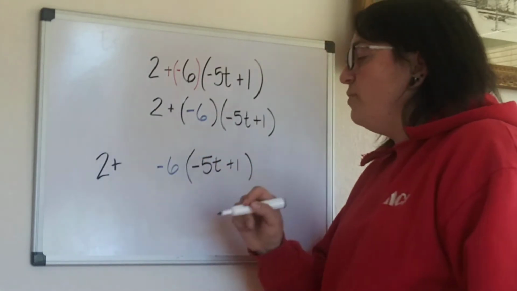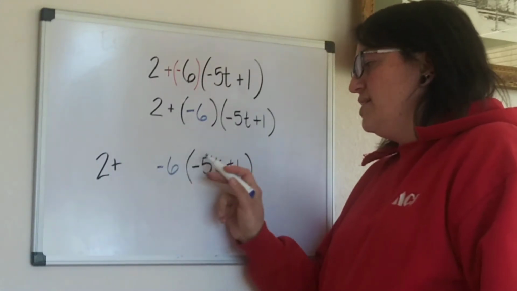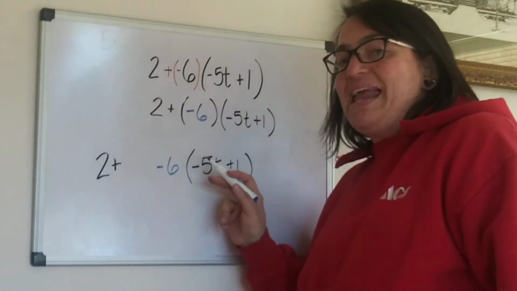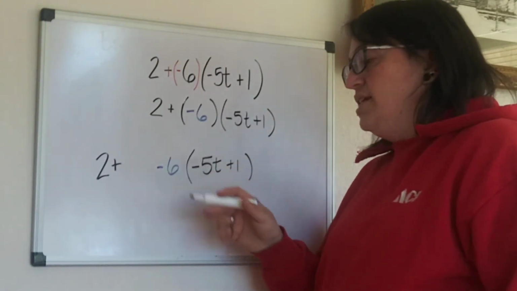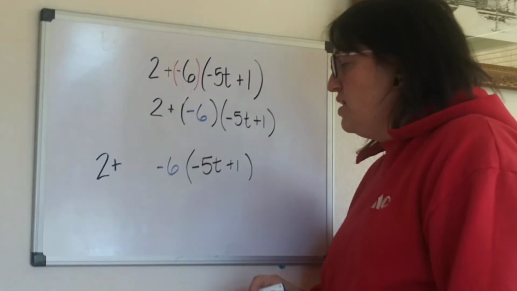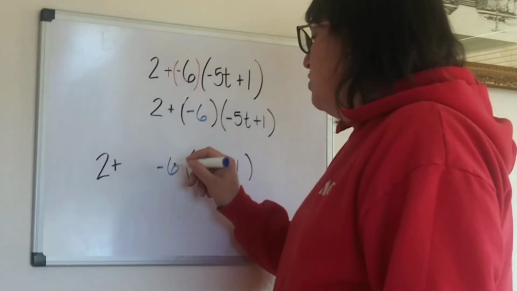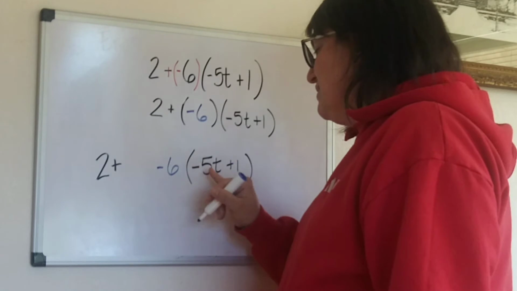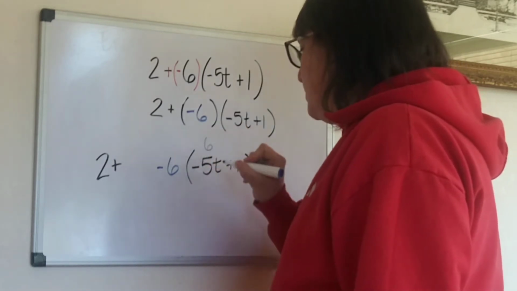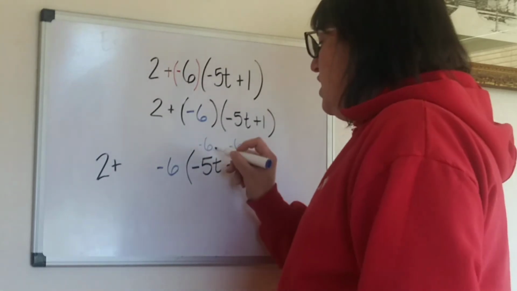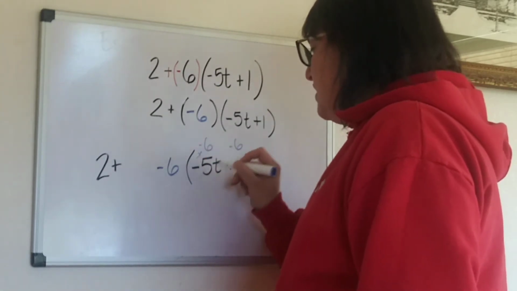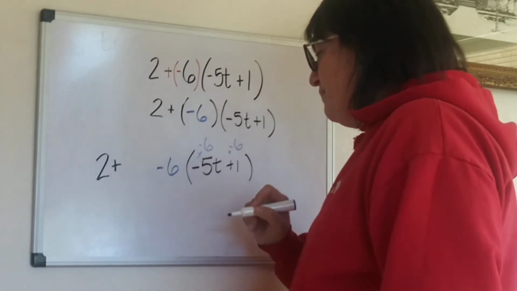Now the distributive property tells us that this -6 is getting distributed, or multiplied, by everything in here. So not just the -5t, and that's the biggest mistake students make with this. A different way you can think about it is that the 6 goes to all of these: 6 times that and then 6 times that, if that's helpful.